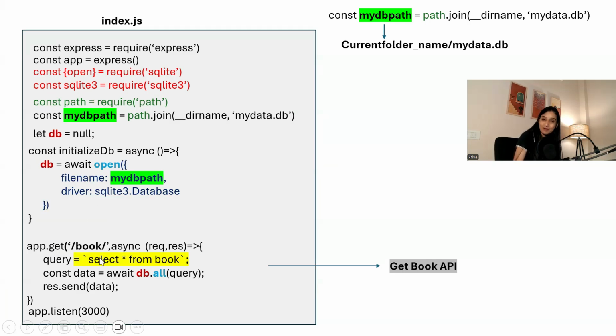Again I will explain: if the user sends a get type of request and the path is /book/, go inside this db, which is holding the connection object of your mydata.db, execute this query, get the data, and store it into the data variable. Now we have to create this.